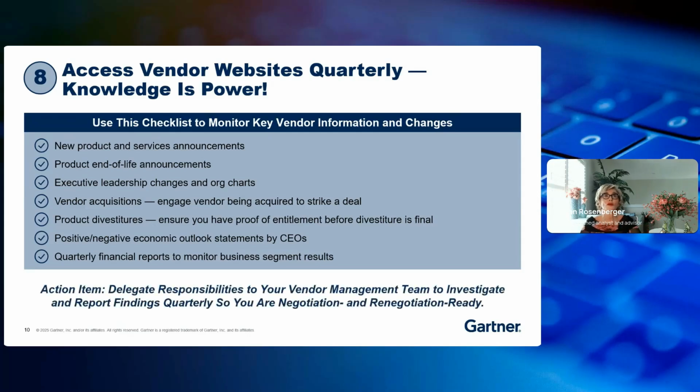And for some of your key vendors, some of those that are high spend, high risk, your strategic vendors and partners, what I would do is delegate this out. If you've got a vendor management team, great team to be actually going in and taking a look at some of these key things. For example, what are the new products and services announcements? What are you end of lifing?